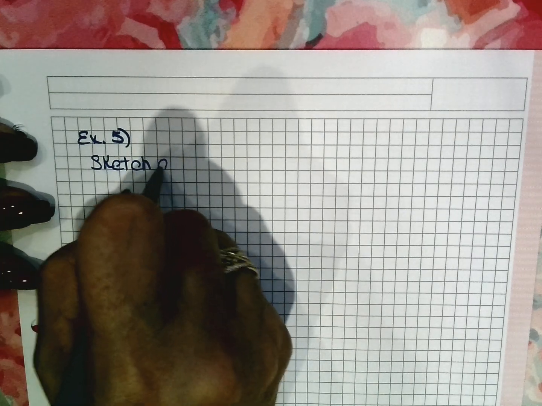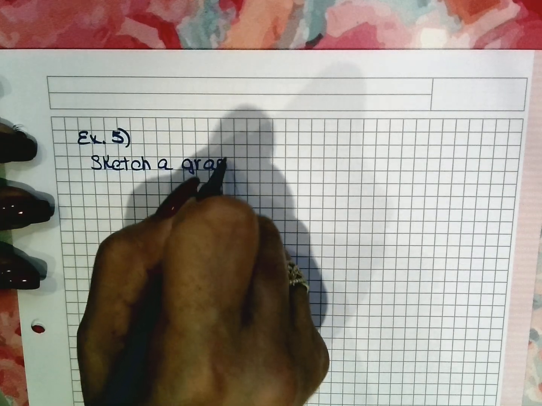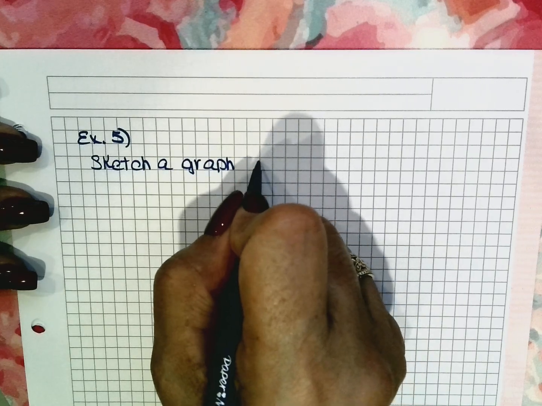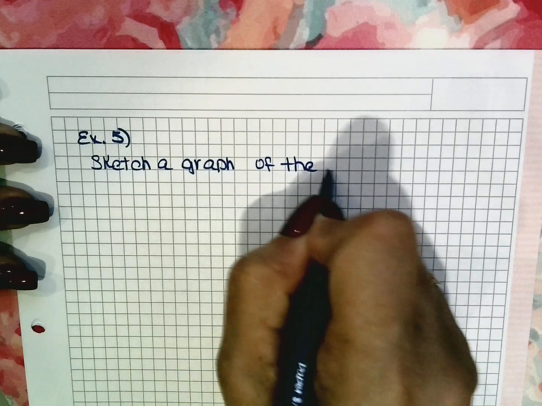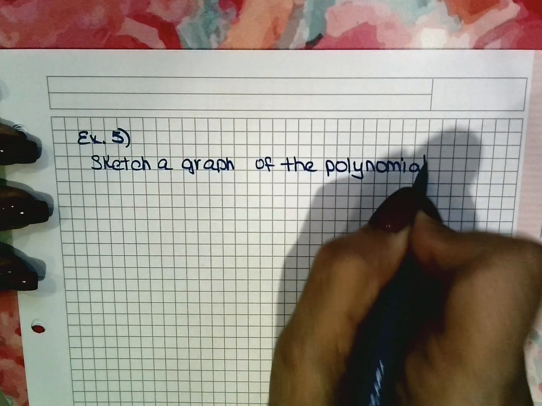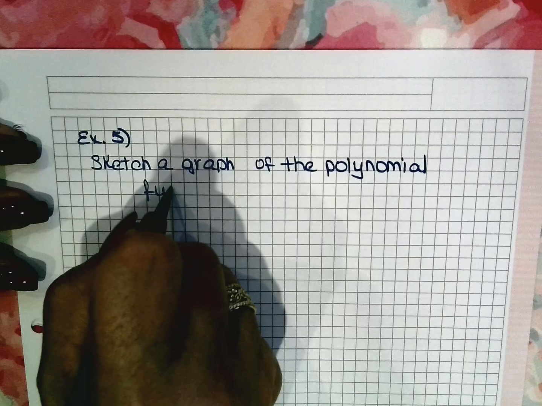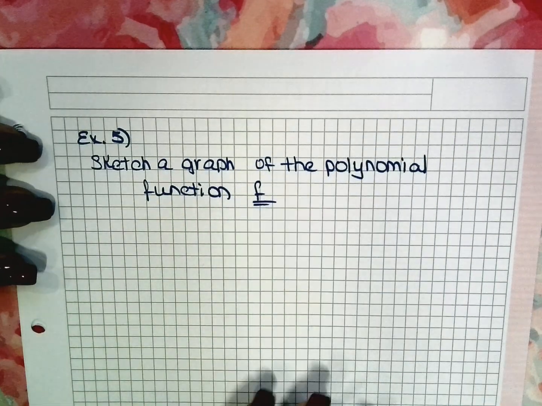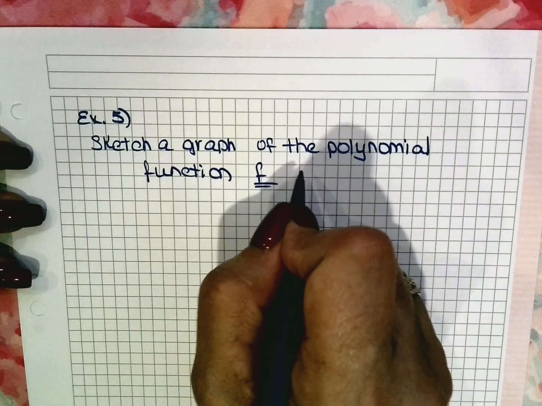So here we're going to sketch a graph of the polynomial function f that has the following characteristics.